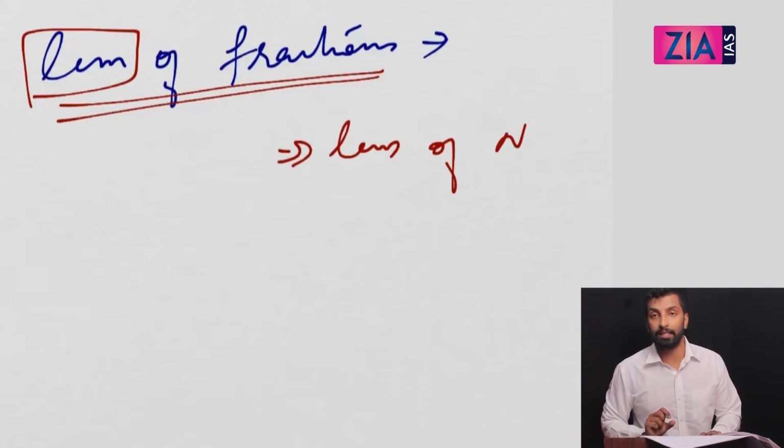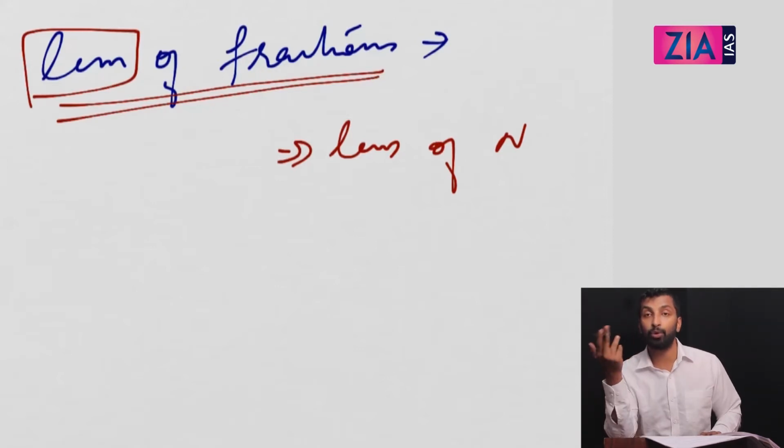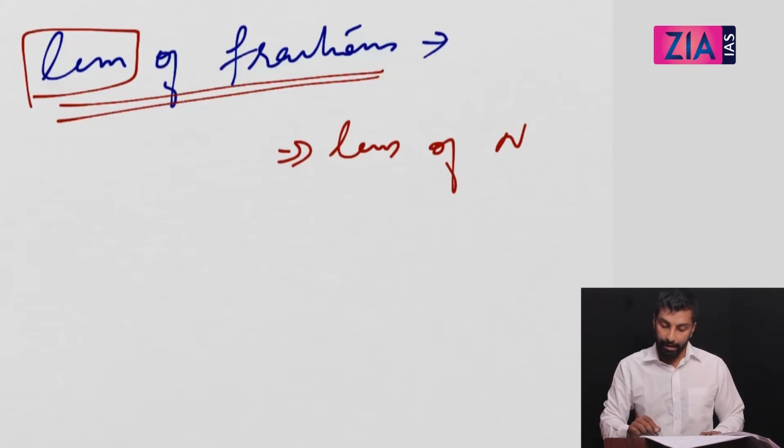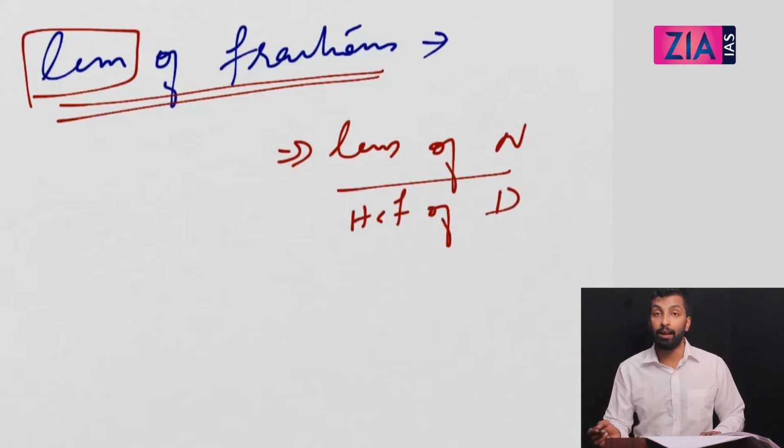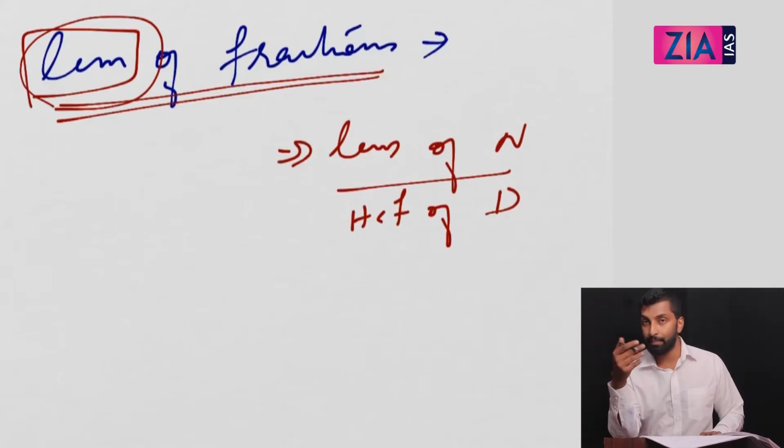There will be two fractions given, so there will be two numerators and two denominators. So LCM of numerators divided by HCF of denominators, when you need to find LCM of fractions. So numerator will be LCM, and denominator will be HCF.